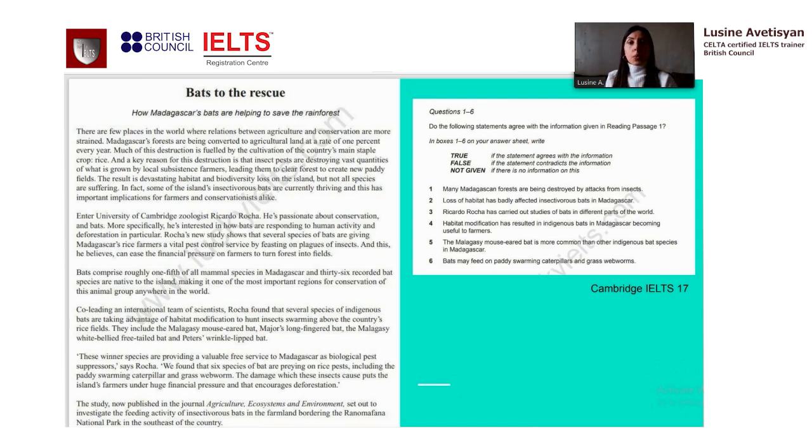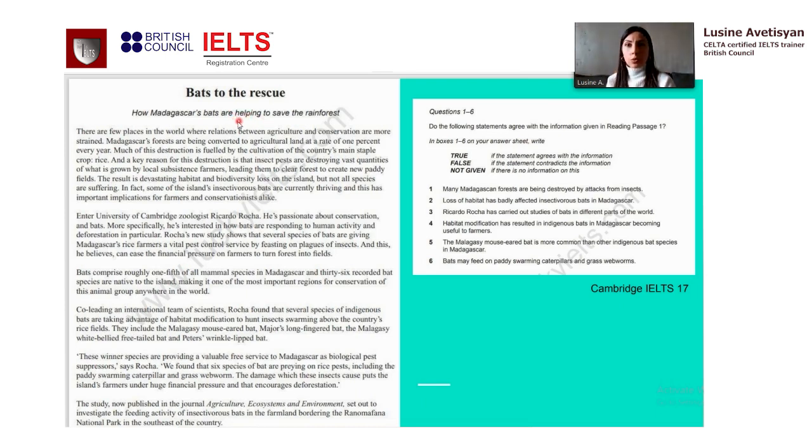Remember this, and let's move forward to do some practice. Okay, we have got true, false, not given questions taken from Cambridge IELTS 17 book, academic module. We have got the text saying Bats to the Rescue. Remember, titles, subtitles if there are any, questions. Analyzing the question, locating the answer in the passage, reading for detail.